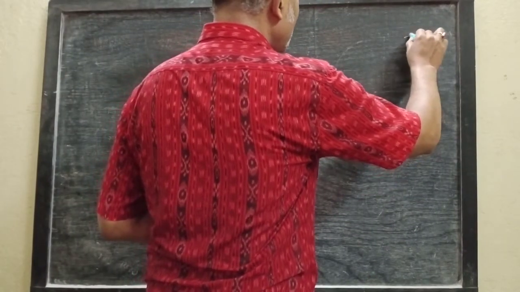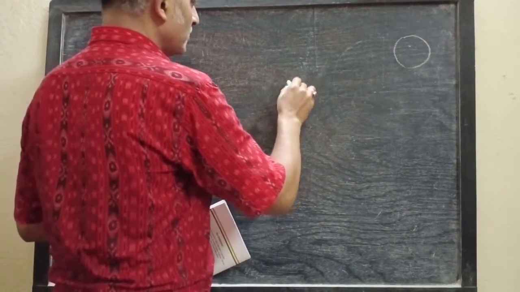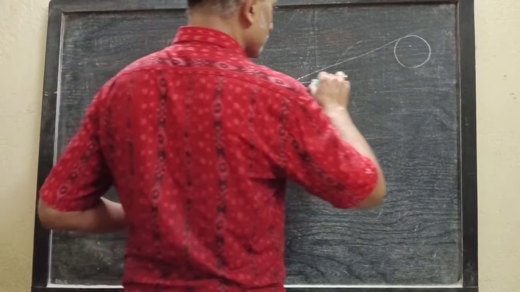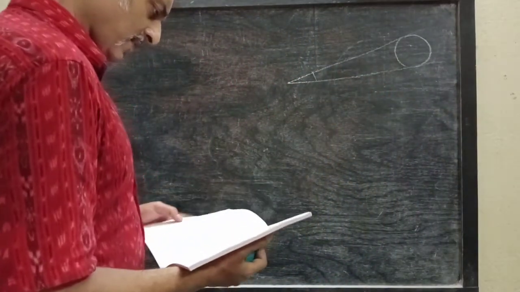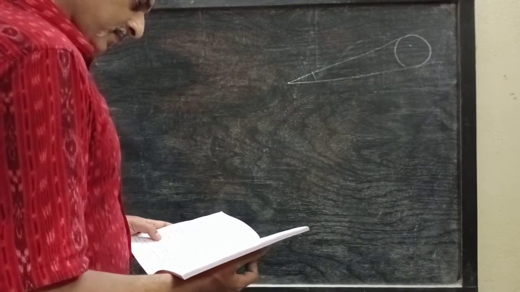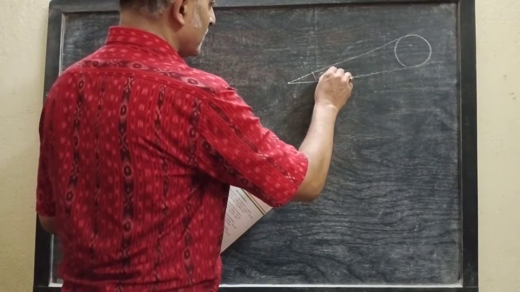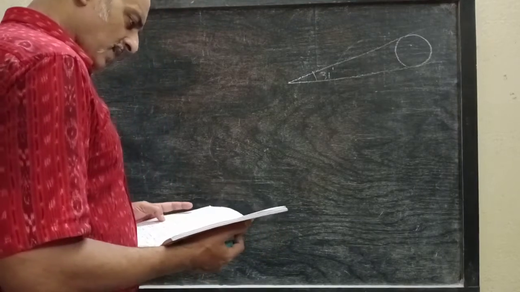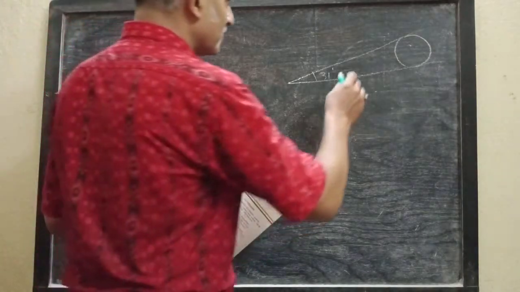Suppose here is your moon. Here is the position of eye. The angular diameter is 31 minutes. This angle is 31 minutes. And they have asked you at which distance a coin of 2 cm diameter should be held.